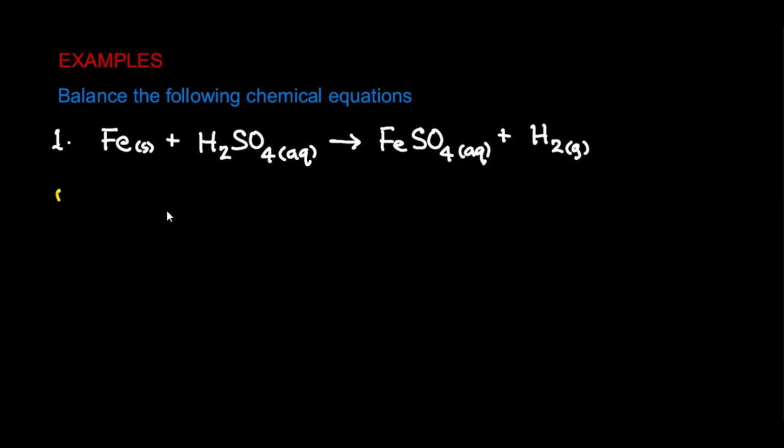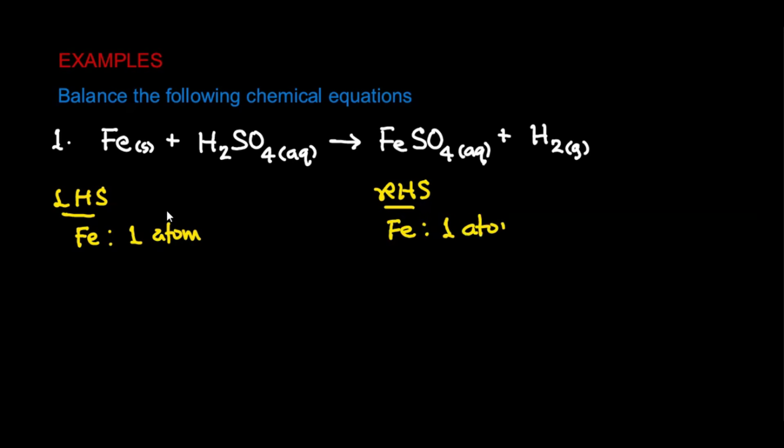So on the left-hand side and on the right-hand side, what are the elements present here? I have iron. How many atoms on the left-hand side? That's one atom. How many on the right-hand side? Also one atom.